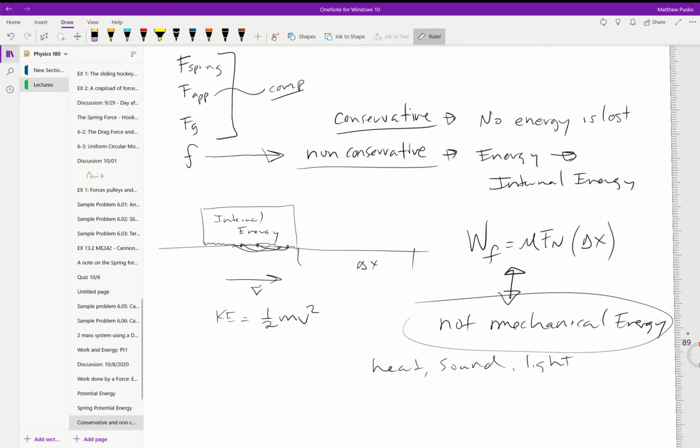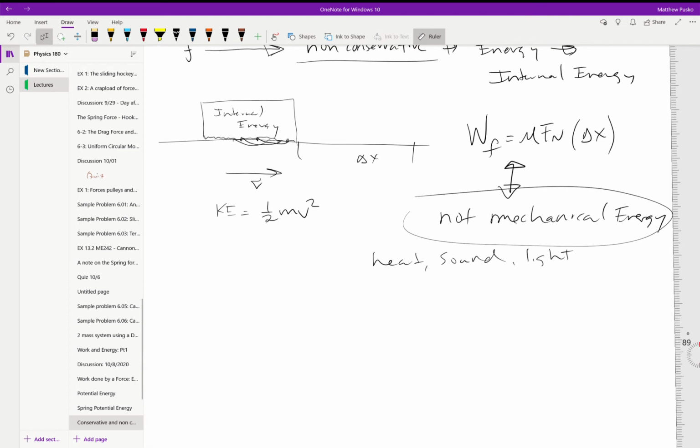Okay, let's get to some definitions for what a conservative force is then. So number one is that the work done by the conservative force is completely independent of the path taken.